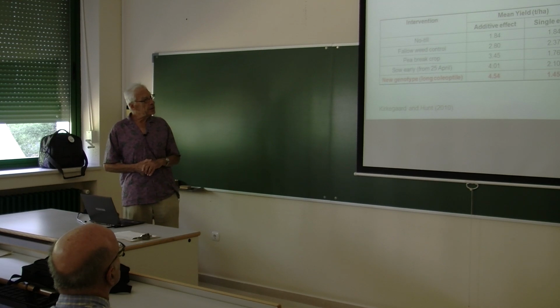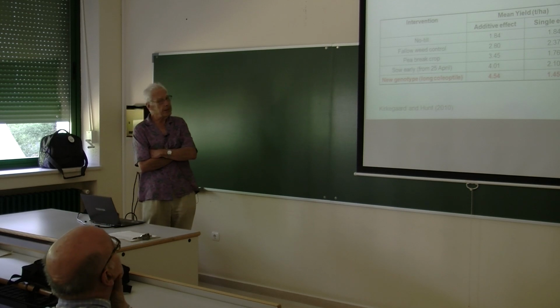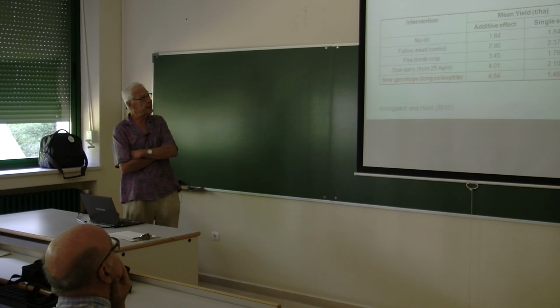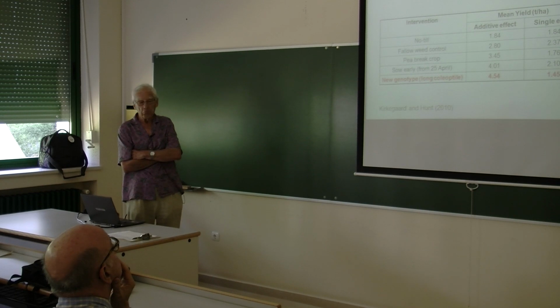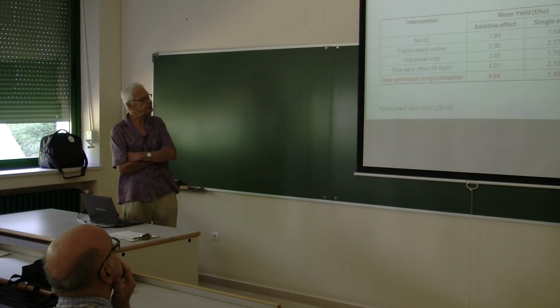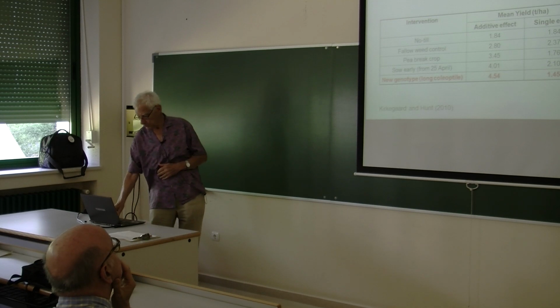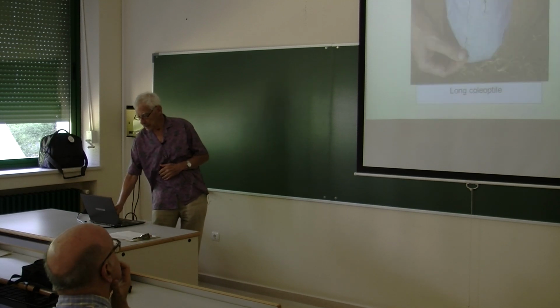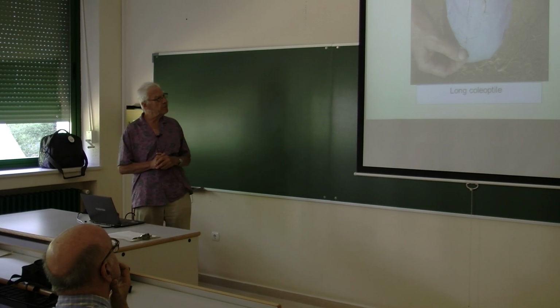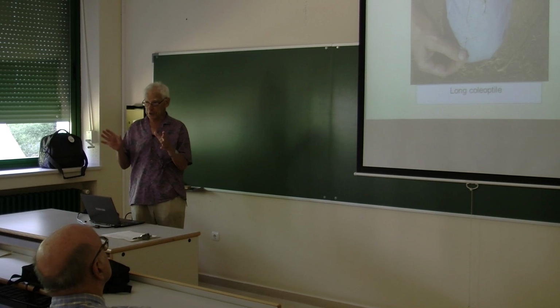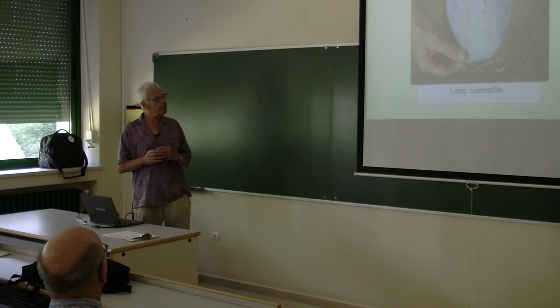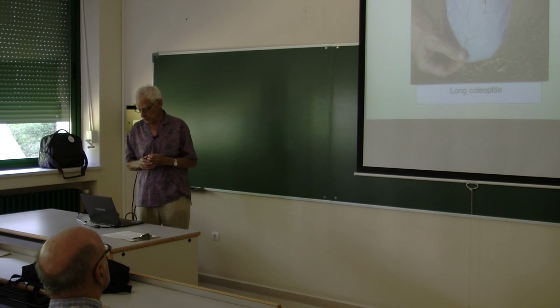So the bottom line is that in the old farming system where you were getting 1.6 tonnes per hectare, in principle you can get 3 times that. That's another close-up picture of the long coleoptile genotype with different dwarfing genes compared with the normal dwarfing genes.